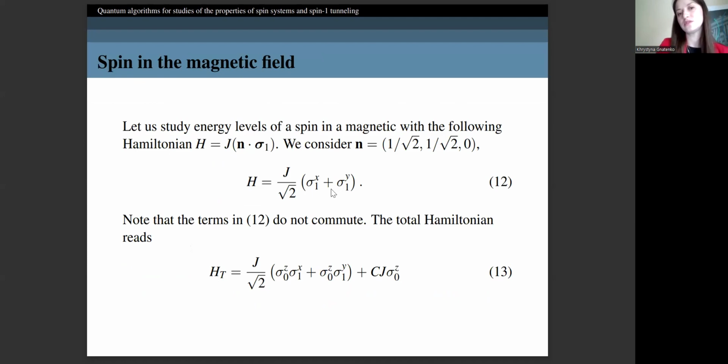Then we also studied different models, and we considered a case which is quite simple, but not so trivial, because we have here operators which do not commute. In this case we construct this total Hamiltonian, and we found a way to prepare the operator of evolution in this case of non-commuting operators.